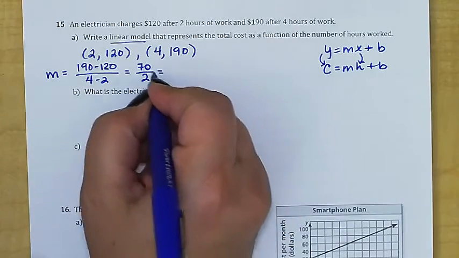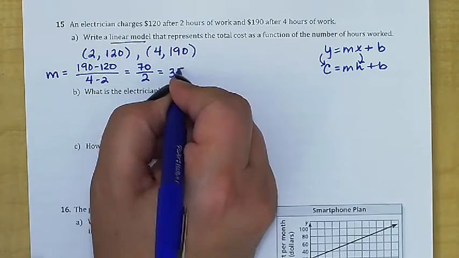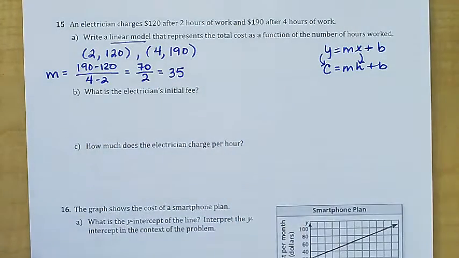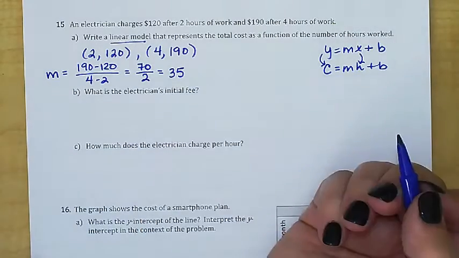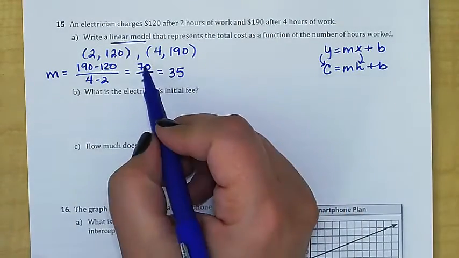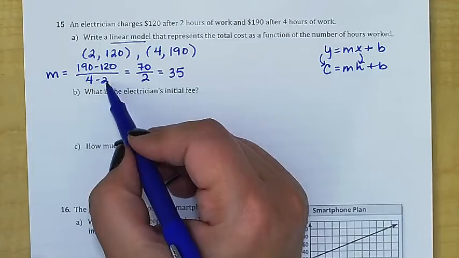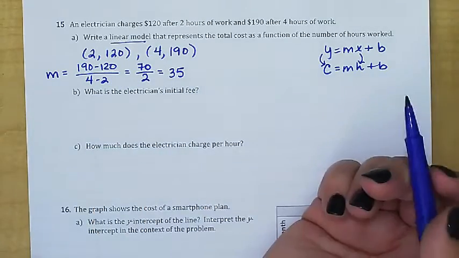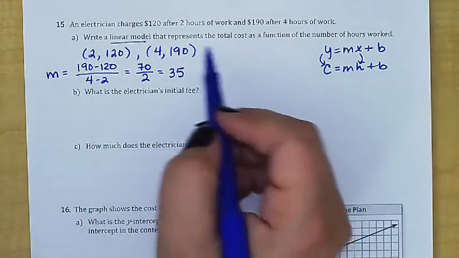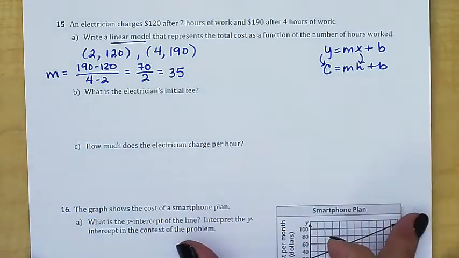And so that's 70 over 2, or in other words, 35. So that is the rate of change, or the slope if I were graphing this. But in this case, it's the rate of change. It's how much we're charging per hour. So this is cost and then hours. So it's $35 an hour. So there we already are unraveling that rate of change, if you will.